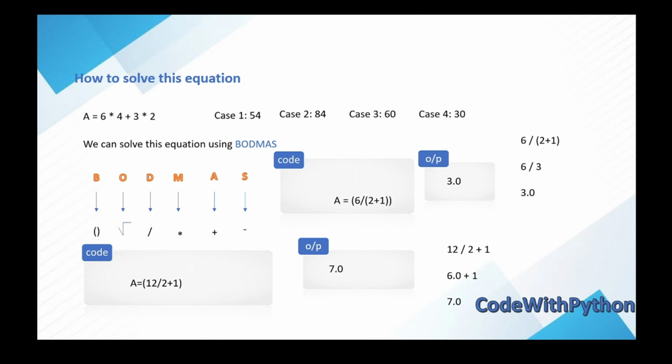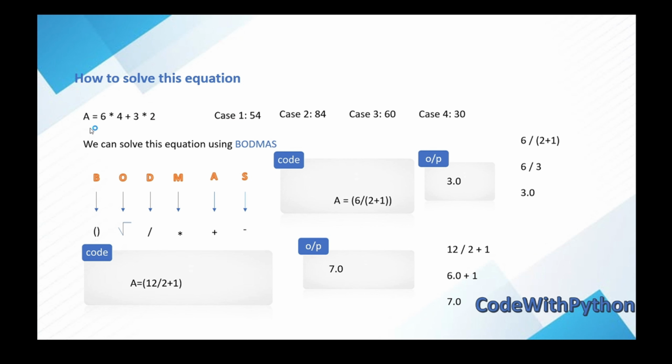In the first case, 6 into 4 is 24. 24 plus 3 is 27. 27 into 2 is 54. So the case 1 answer is 54.